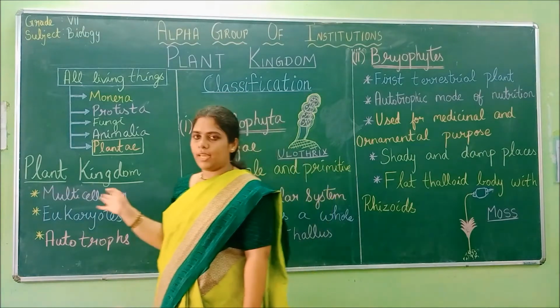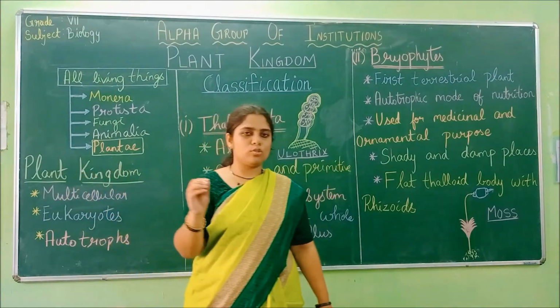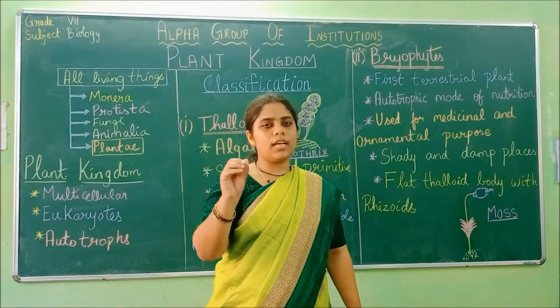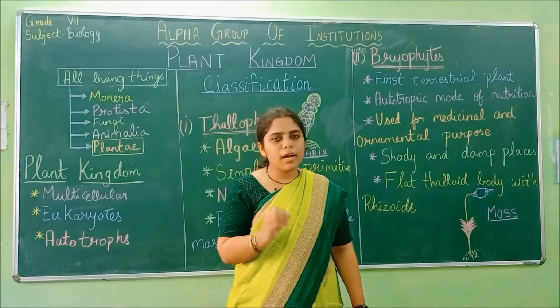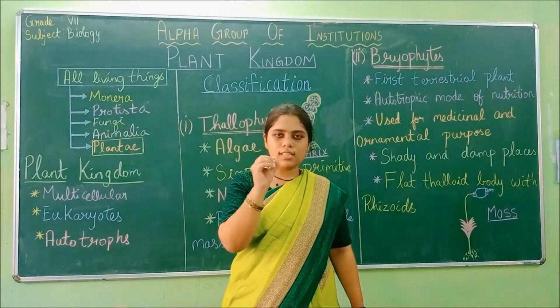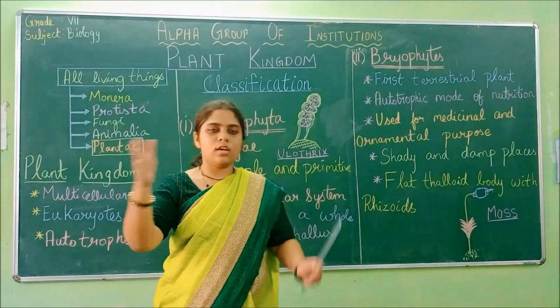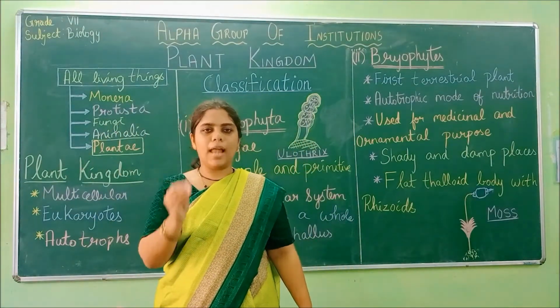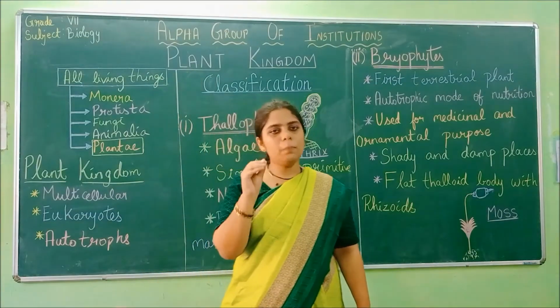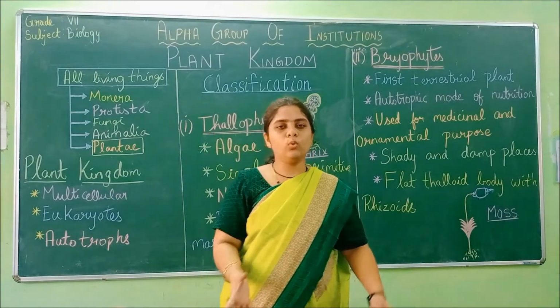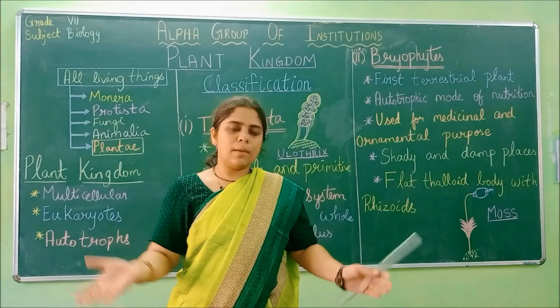Likewise, in the plant kingdom also, from small organisms, from unicellular minute organisms, that is single cell organisms, they develop into huge trees. They all come under one kingdom called the plant kingdom. We cannot put them together as a whole.